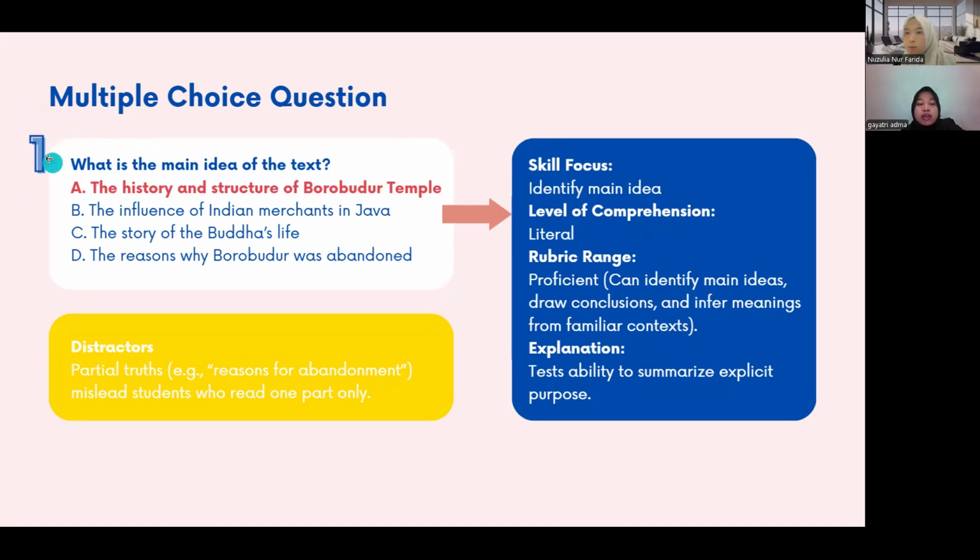I made the question, what is the main idea of the text? We know that it's very popular, right, for our students' assessment of reading skill. Like, what's the main idea of the text?